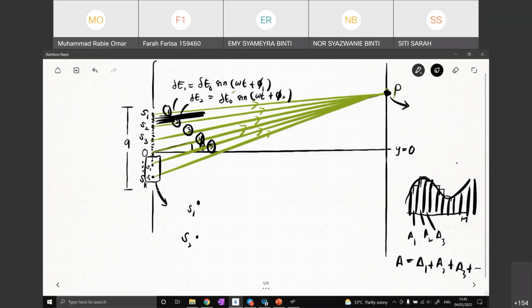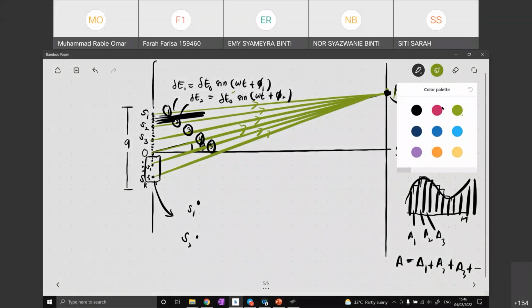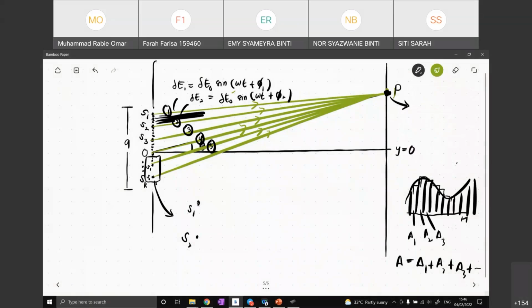So meaning to say I'm zooming this, yeah? Let's say if I zoom this, again, I draw this again, yeah? And then my point P is somewhere here. And then I draw my light ray.